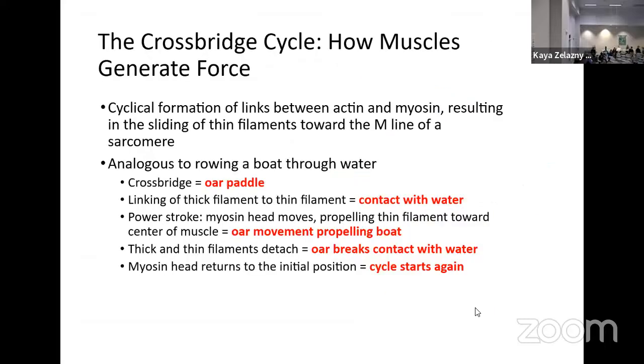Next, we're going to be talking about the cross-bridge cycle. Okay. So this is how we actually do that, right? Like this is how we actually slide these filaments. Right? So the cross bridges are the name for that paddle, that little golf club on the myosin. And we're going to be using them.